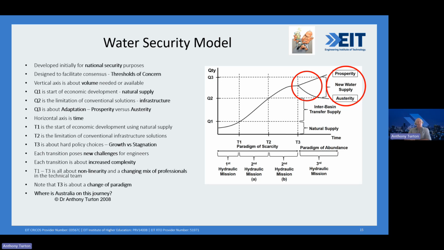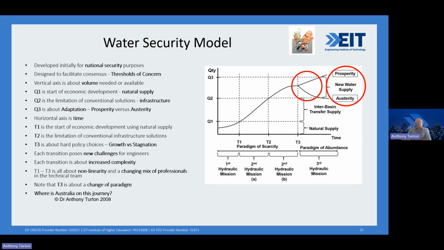What is the threshold of concern as we approach certain barriers, certain transitions, certain pivotal moments, certain pivotal events, and we'll define some of those now in the model. But the second thing is, on the vertical axis, we talk about volume, and we can think of volume as Q1, Q2, and Q3, and that's the volume of water that we have available at any moment in time. And on the horizontal axis, we've got time, T1, T2, T3, etc.